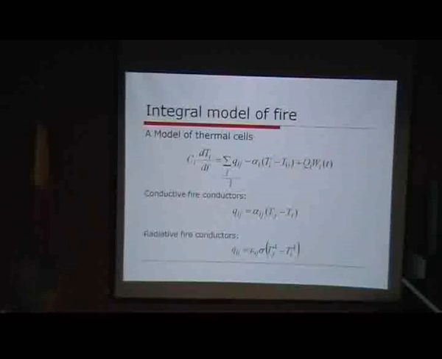In this equation, the first term describes a heat exchange between premises. The second one is a heat exchange between premises and environment. T0 is the temperature of environment. And the third term describes a heat release in premises in fire.